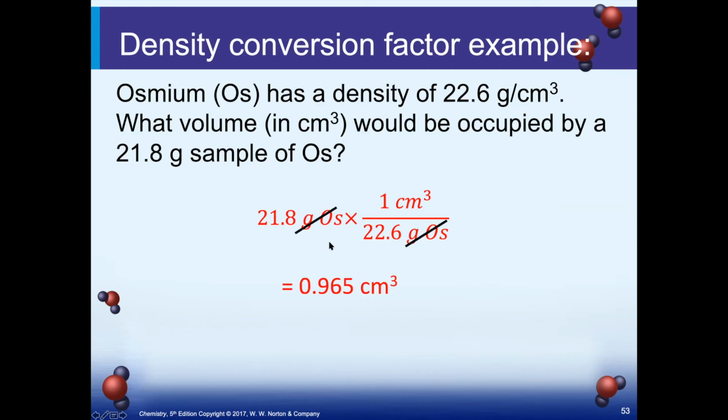And the number that you end up with is 0.965 cubic centimeters. Okay. Another thing to recognize, I don't really put this explicitly in the notes, but remember that a milliliter is the same as a cubic centimeter, right? 1 milliliter is 1 cubic centimeter. They're interchangeable units of volume. All right, so that's an example.